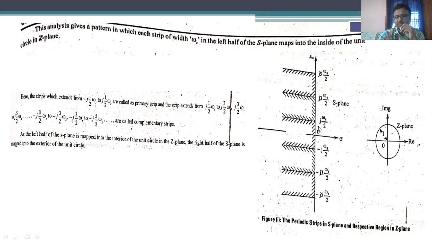The left hand side portion of the S plane maps to the interior part of the Z plane, and the right hand side part of the S plane maps to the exterior part of the unit circle. Okay, so this is the representation of the jω axis, that means the portion which is divided into a primary strip as well as the complementary strips.